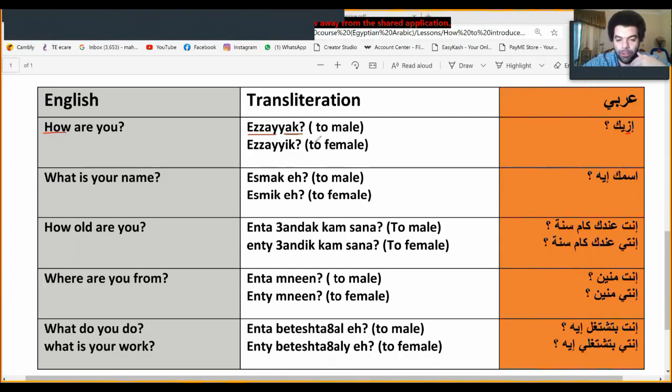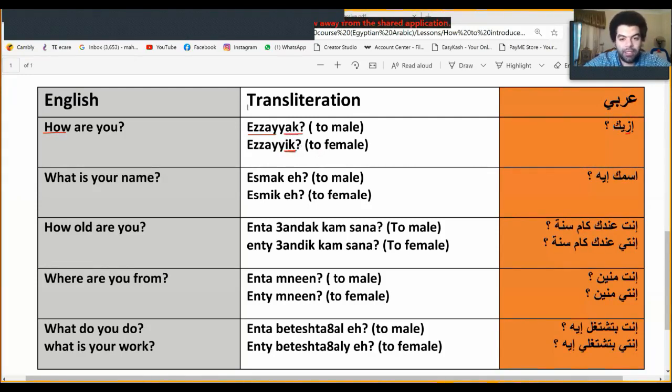Okay? When you're speaking to somebody, addressing them, they're the object pronoun. More about this later. If you're speaking to a female, we change ek into ik. So ازيك becomes ازيك. And this is very common where foreigners, or learners, would make a mistake. For example, they would say to me ازيك instead of ازيك, and so on. So remember those endings because they are going to be everywhere.